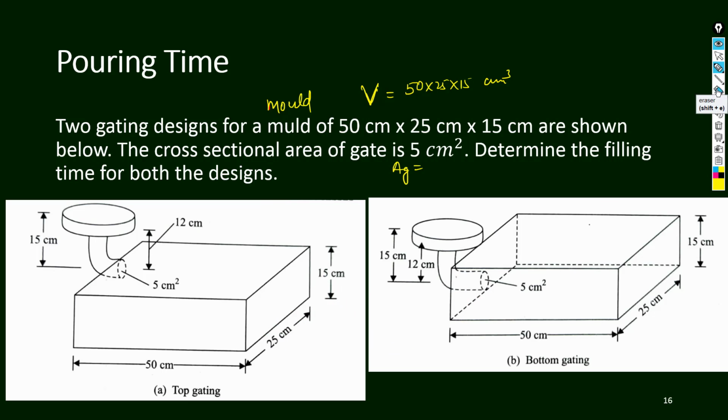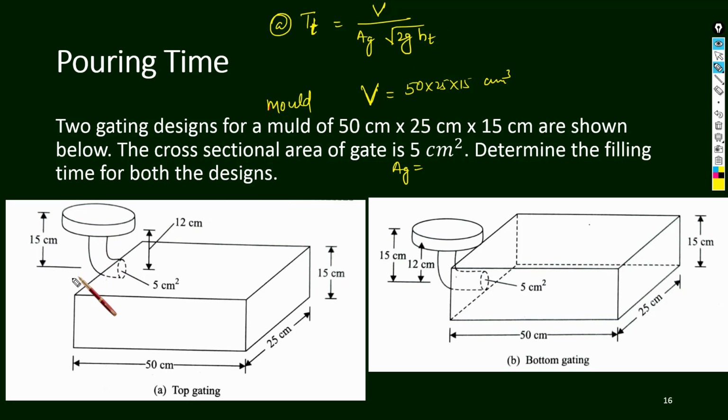Can we calculate it? Let us try. We have been given V and we have been given Ag. So easily we can say in the first case, the top gate, Tt is equal to volume divided by Ag into root under 2g Ht.